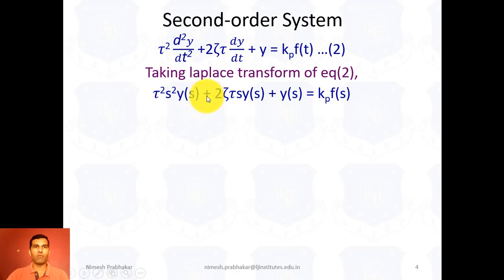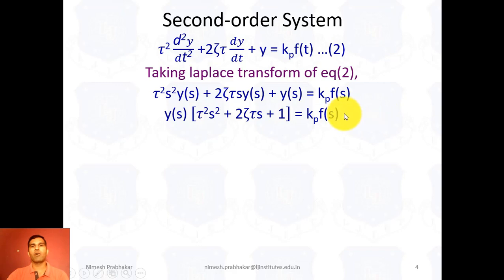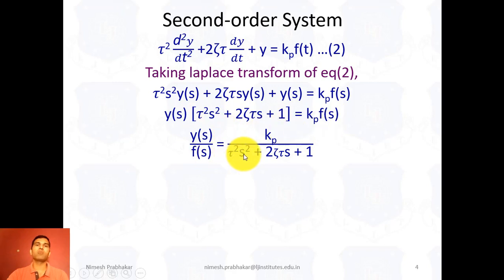Now we take y of s common from the left hand side, so we can write this equation as y of s into bracket tau square s square plus 2 zeta tau s plus 1 is equals to kp into f of s. Now rearranging this equation, y of s upon f of s is equals to kp upon tau square s square plus 2 zeta tau s plus 1.